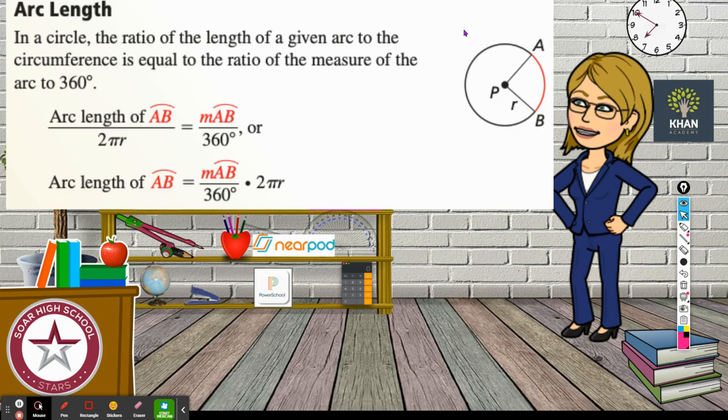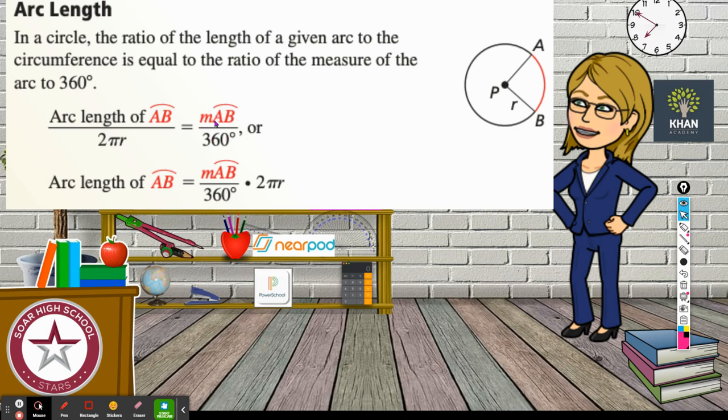Arc length. So we're talking about this length right here, AB. So it's an arc length, whatever this arc length is here, divided by 2 pi times the radius. Okay, and then that's divided by 360.